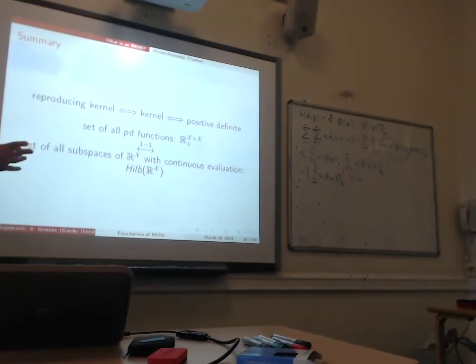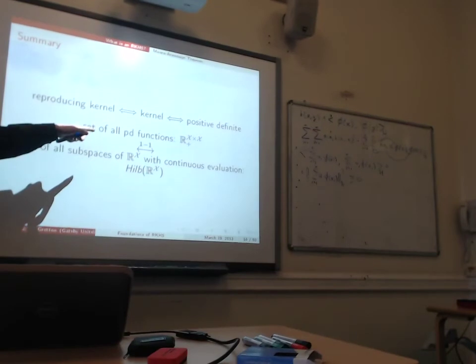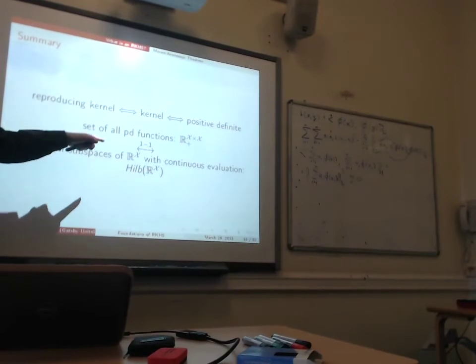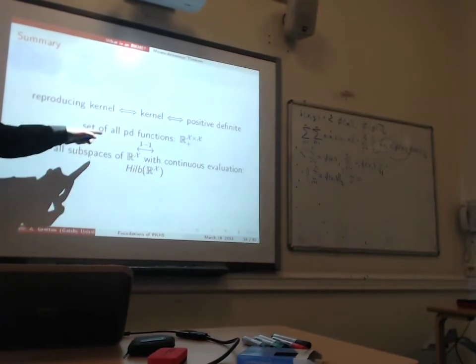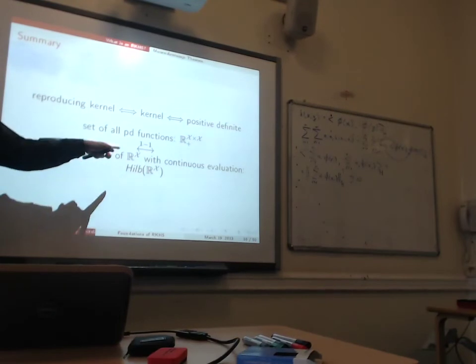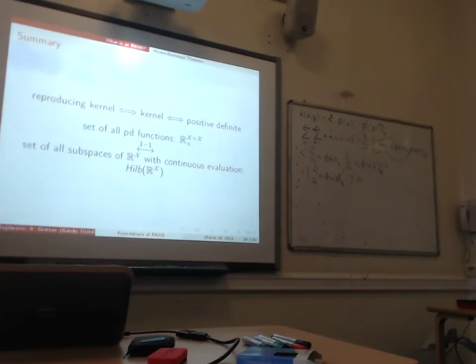So these are just some subspaces of the sets of functions, subspaces of which contain functions that are real valued and take arguments in X that have continuous evaluation. Okay. And when we get to the operations with kernels part of the lecture, we'll see that there is more structure to this bijection than just this. Somehow it preserves geometry in this space.